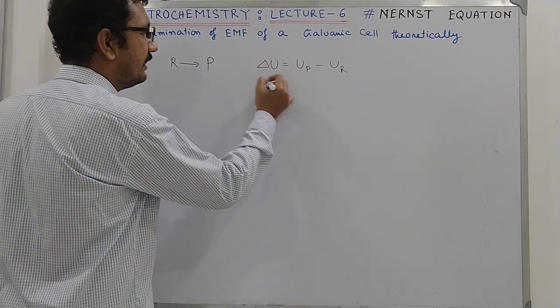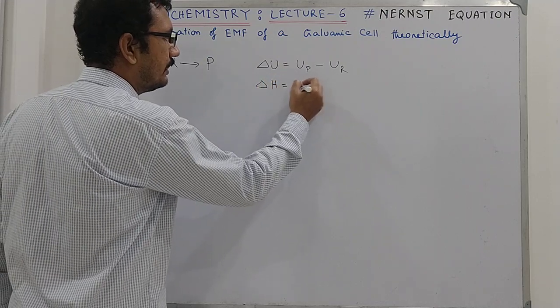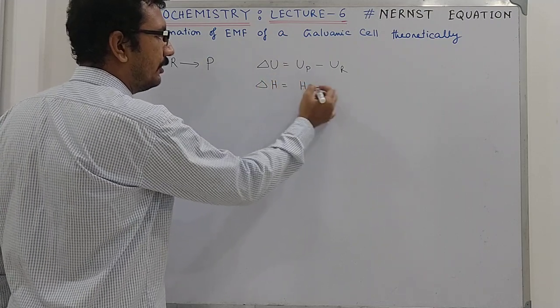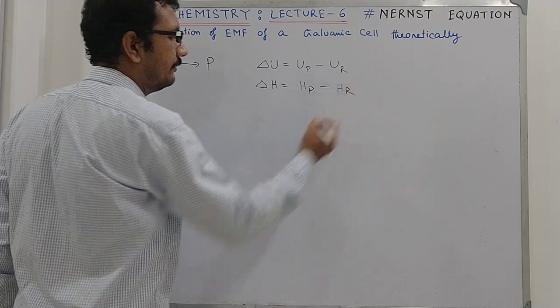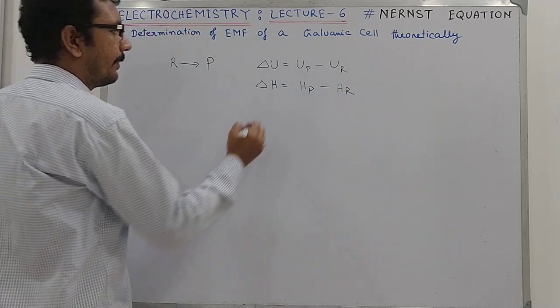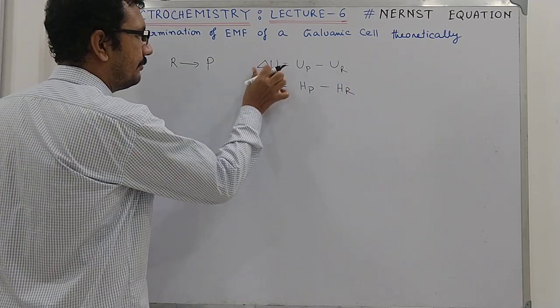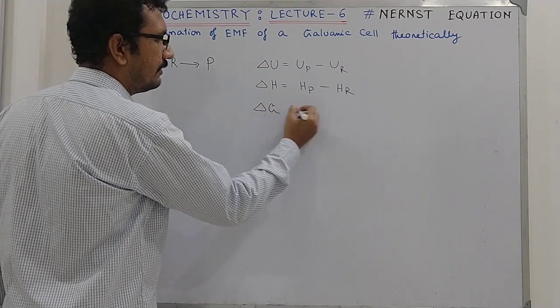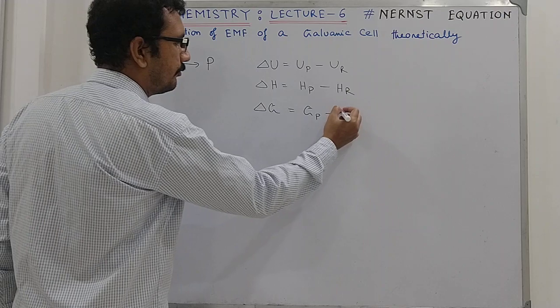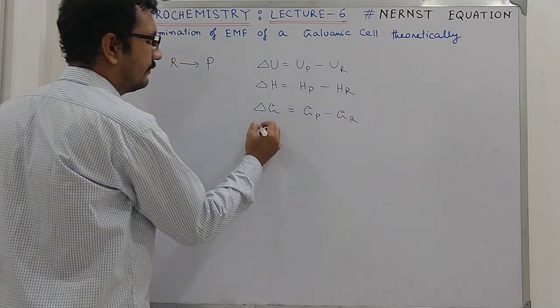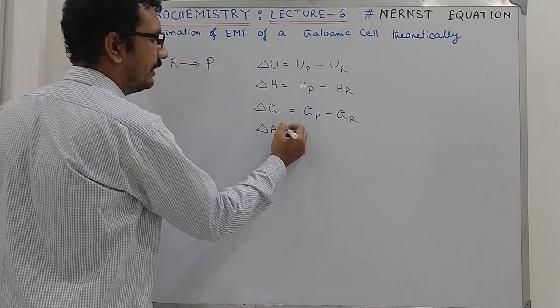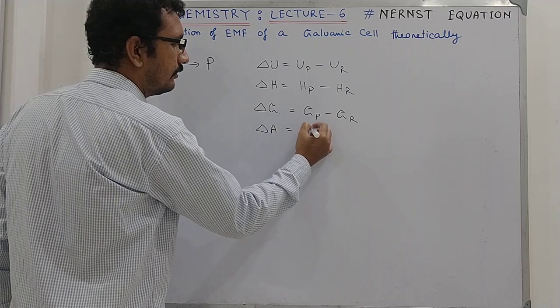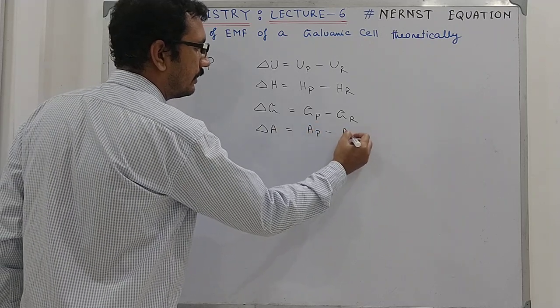It may be the change in enthalpy, so it is enthalpy of the product minus enthalpy of reactant, and likewise it may be the change in Gibbs free energy, so it is product minus reactant. It may be Helmholtz free energy, so it is like this one.